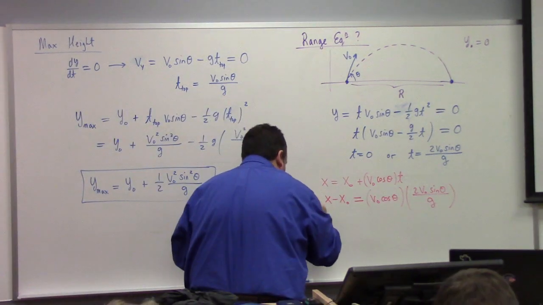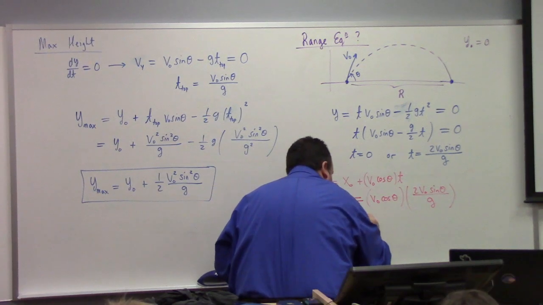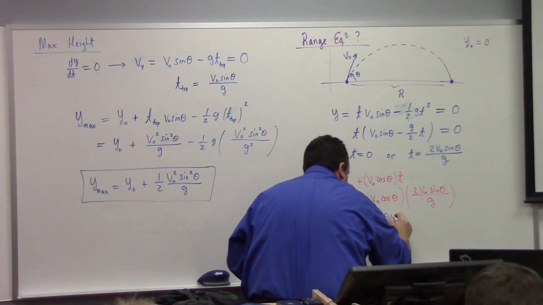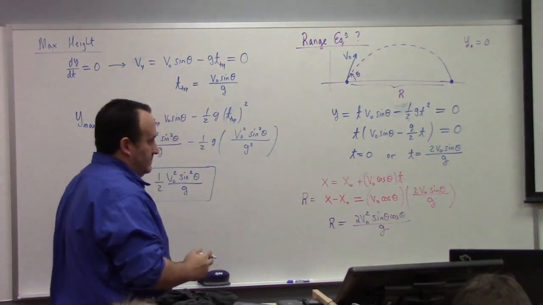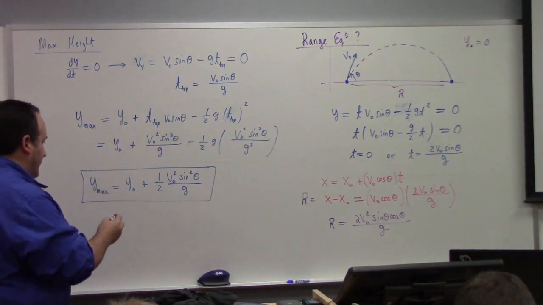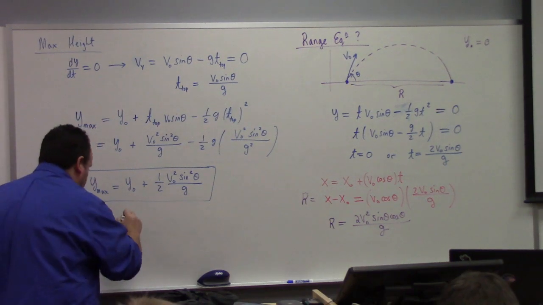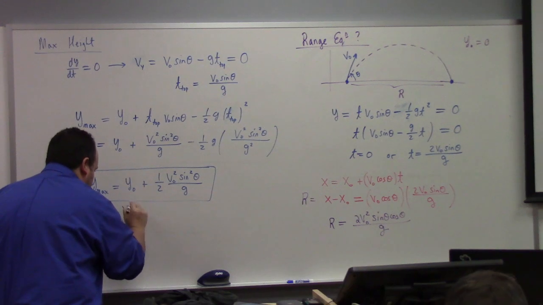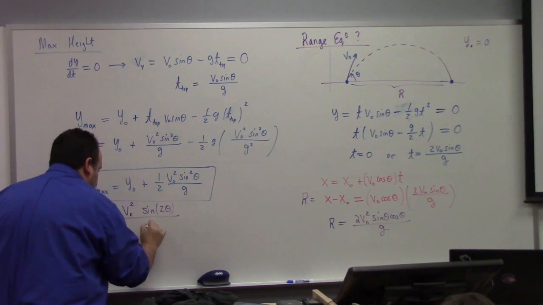That's the range. And so lo and behold, we found the range formula is 2 v naught squared sine theta cosine theta over g, which I'll write over here again. R equals 2 v naught squared sine of twice theta over g.